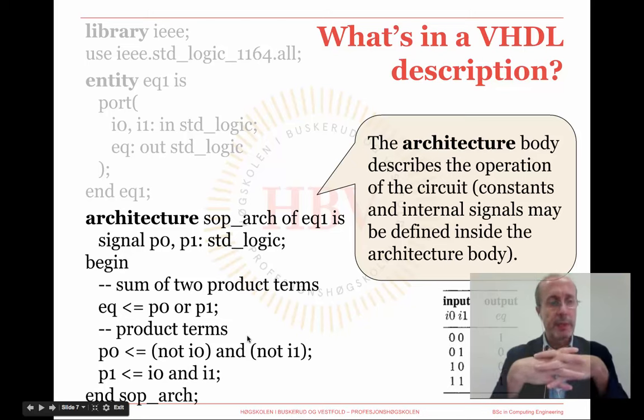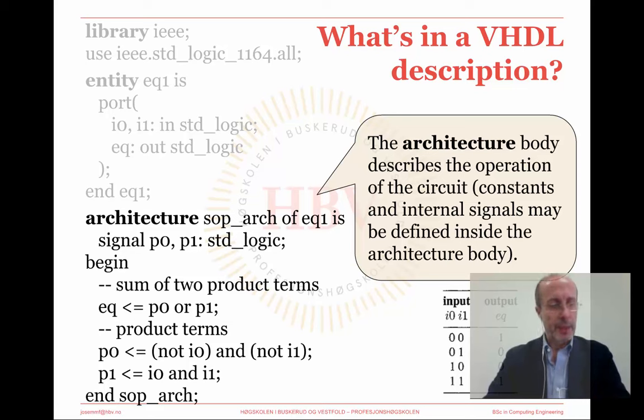An important thing to notice at this point is that this description contains 3 so-called concurrent statements. And concurrency is a key concept in VHDL design. It refers to things that will take place in parallel. What this means is that these three statements are not executed in sequence, but rather in parallel.